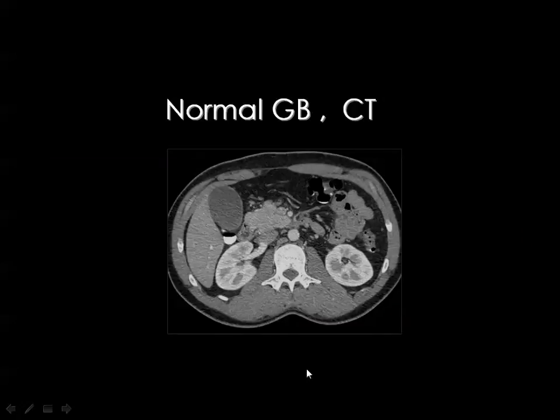Then you can see that this is the cross-section CT scan after intravenous contrast injection, showing the normal appearance, the distended gallbladder in the anatomic region of the gallbladder fossa, showing a clear fluid content with regular thickness of the wall.